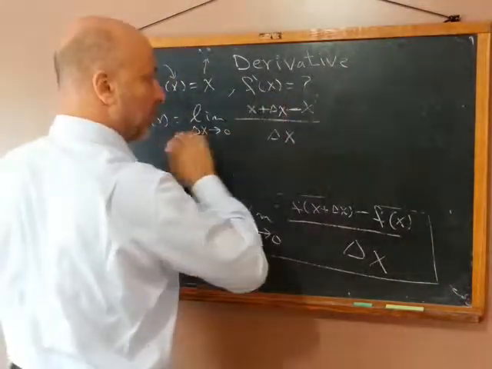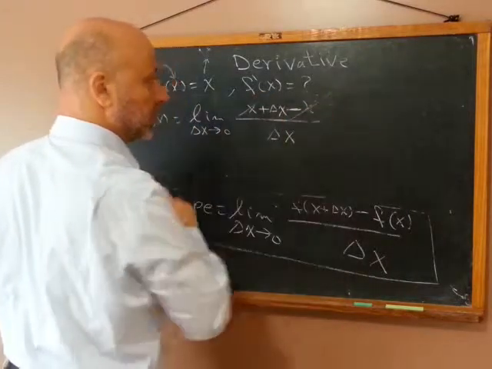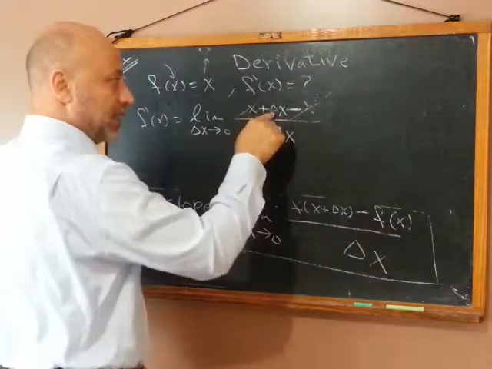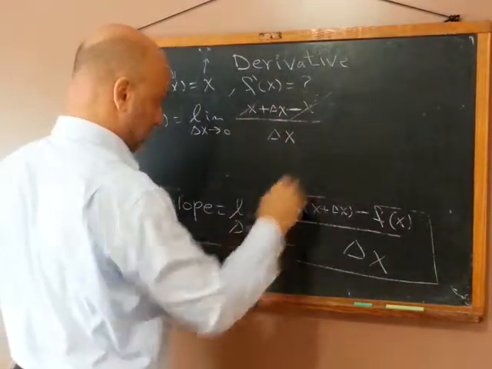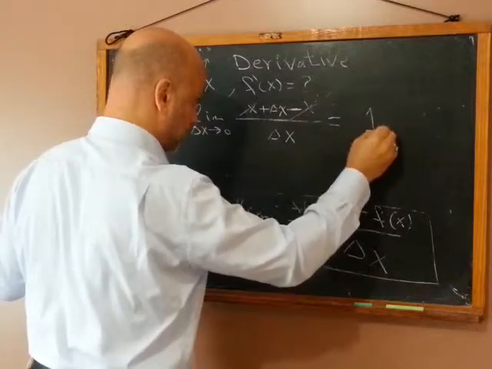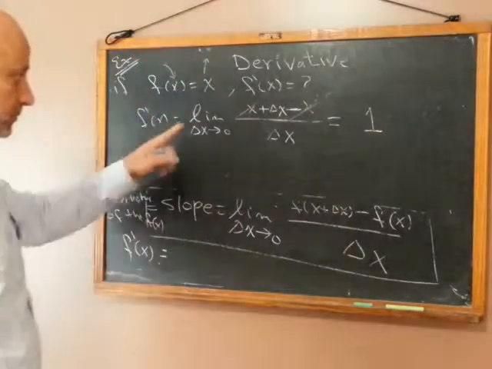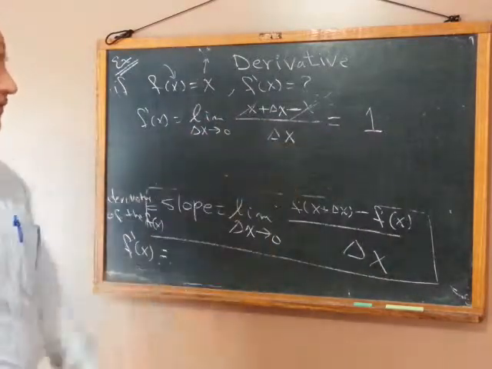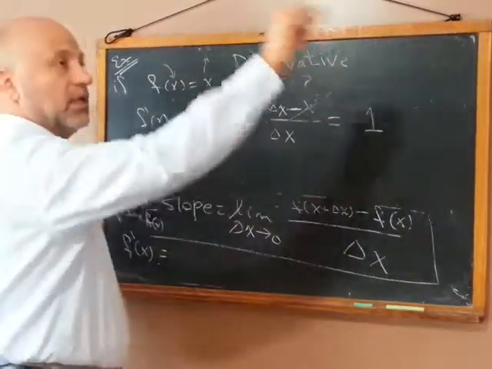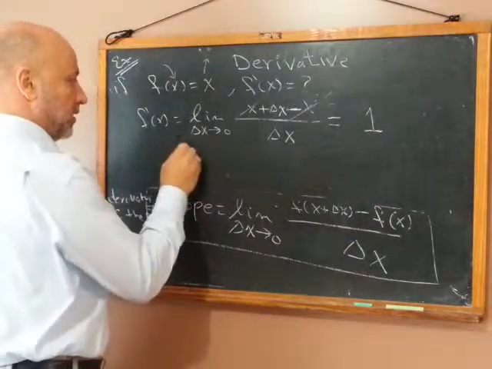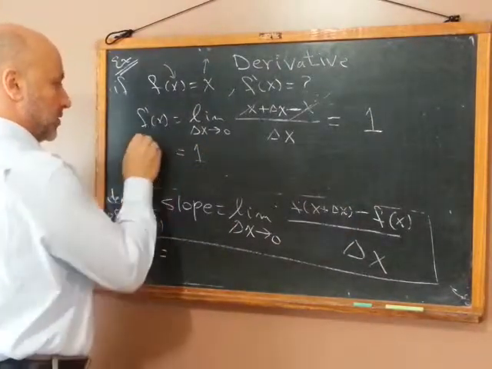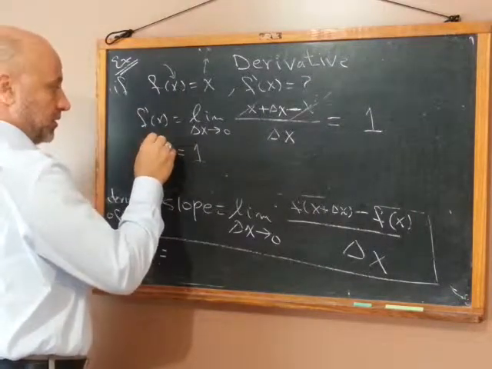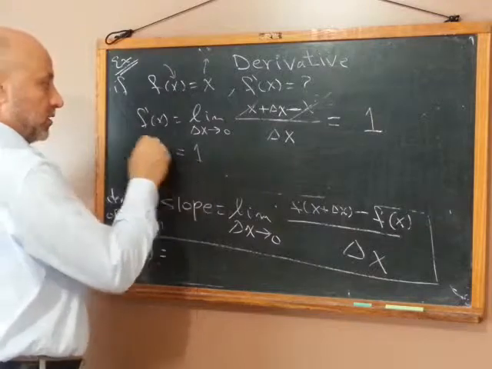And then positive x can be cancelled with negative x, and delta x over delta x is just 1. Then we don't even need to apply the limit because there is no delta x in our function. The limit of a constant is the constant itself, and this one equals 1. So in general, f prime of x for f of x equal x is just 1.